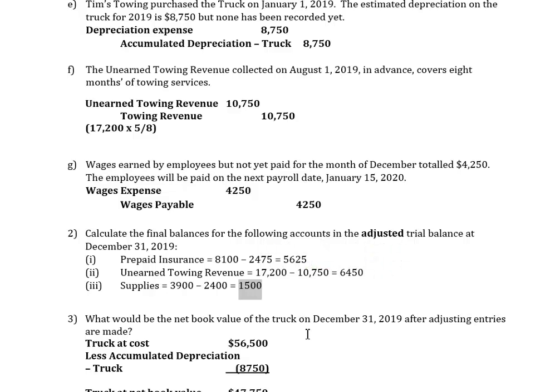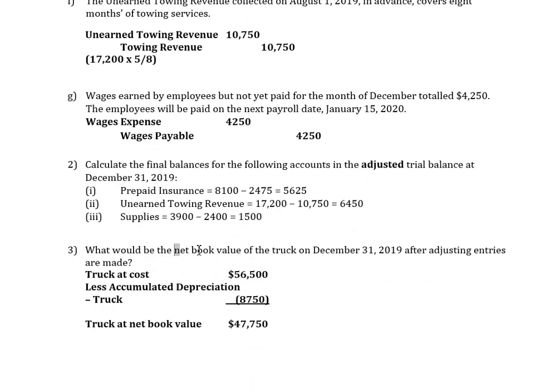And now I also asked you to calculate after the depreciation entry would have been recorded. So after that adjusting entry is made, what's the net book value of the truck? Well, you remember when we did adjusting entries, we said that the value of the truck at its net book value would be the value of the truck at cost, which we had in the opening part of the question, which is $56,500, and we need to deduct any of the accumulated depreciation on it.